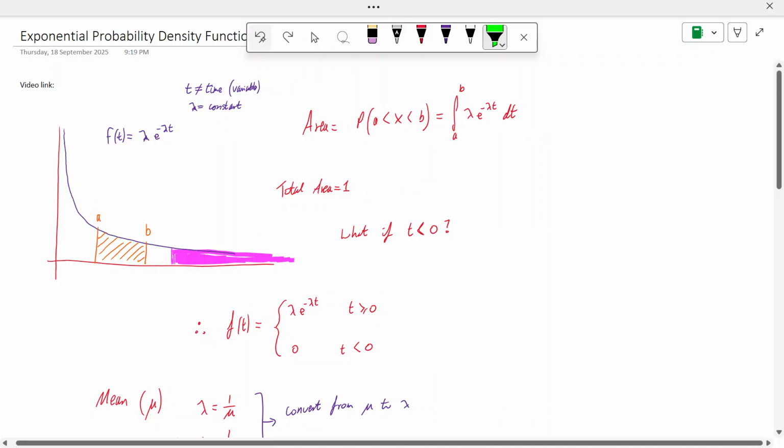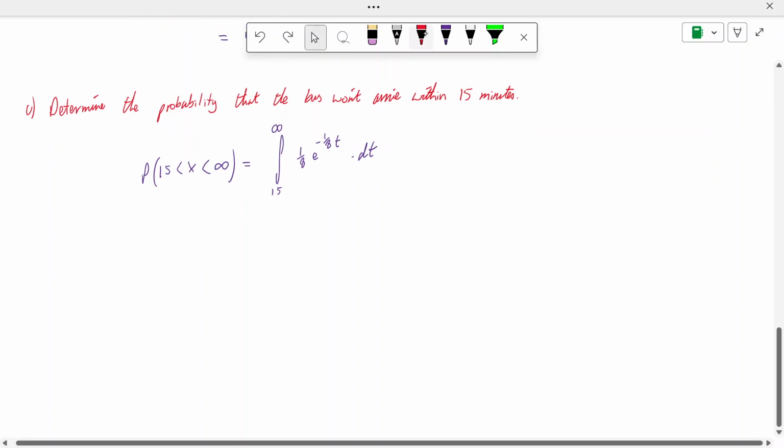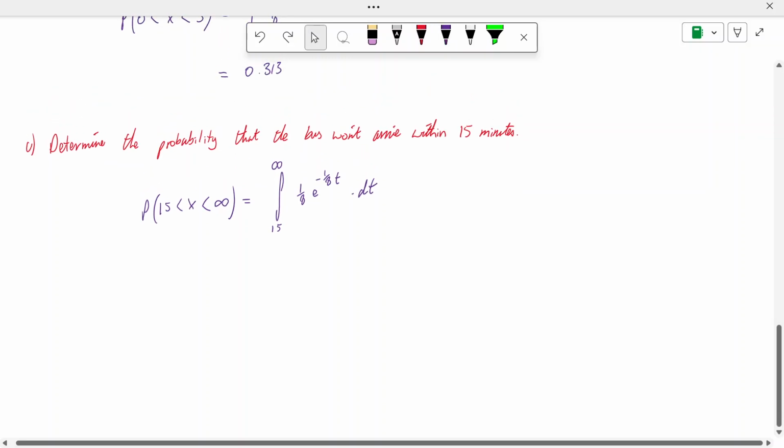So I'm going to use my complementary event to really quickly and easily calculate this. This would be equivalent to 1 minus the complement, which instead of from 15 to infinity would be from 0 to 15. This is again really, really easy for me to calculate, and I get a probability of 0.153. Yeehaw, nice and easy, no worries.